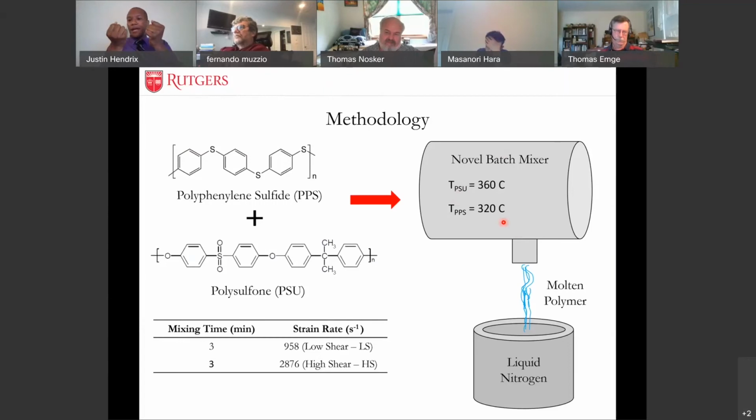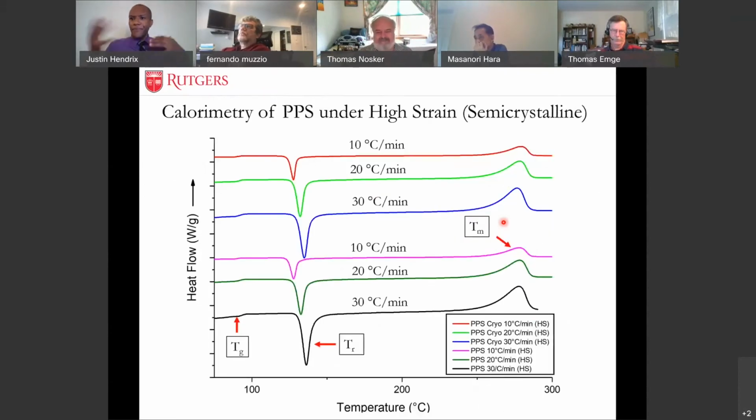It's first allowed to go out and then drop into liquid nitrogen, to have a frozen state. And then next, with that same material, it's allowed to go and then drop onto a glass slide, so it's allowed to slowly cool down to room temperature. So the idea is you have 4 samples for each different polymer, both under high and low shear, and both under high and low shear, those that are cryogenically cooled as well as room temperature cooled. So we're going to look at those different cases.